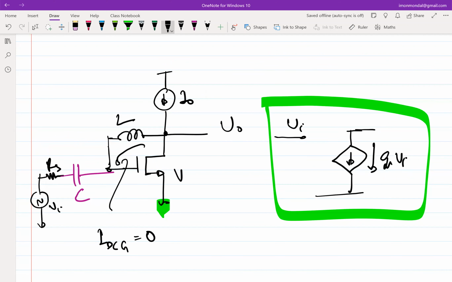What is VGS? What is the expression? Yeah, and what is it? What is the expression? Threshold voltage plus under root of 2I0 over the device parameter. Very useful expression.